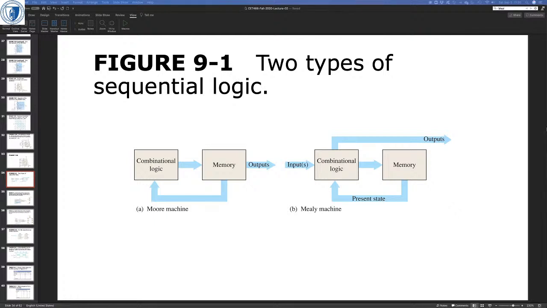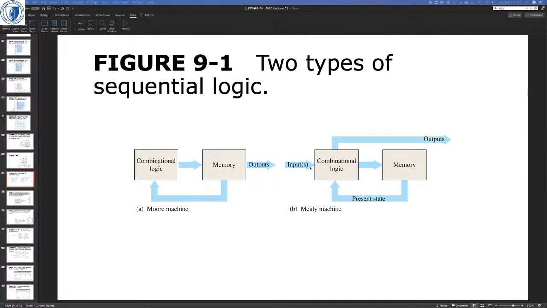So they're the two paths. The combinational logic determining what the memory is doing, and then the memory being available to the combinational logic to make that determination. And the same here. There are a couple of differences between the Moore machine and the Mealy machine. The Moore machine doesn't appear to have any inputs.